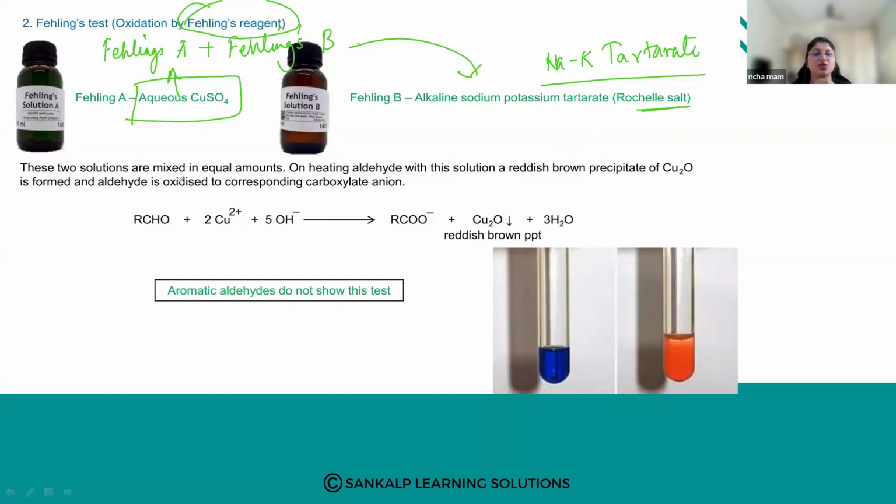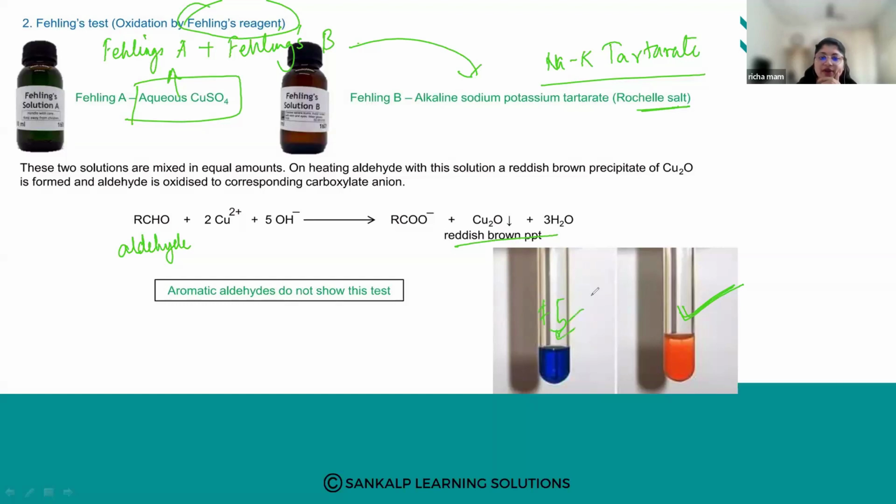So what is the reaction? You have an aldehyde. You react it with Fehling's solution and you get a reddish brown precipitate like this. Fehling's solution itself is blue in color.